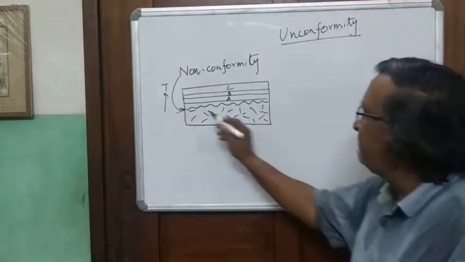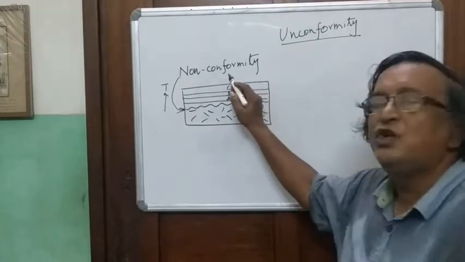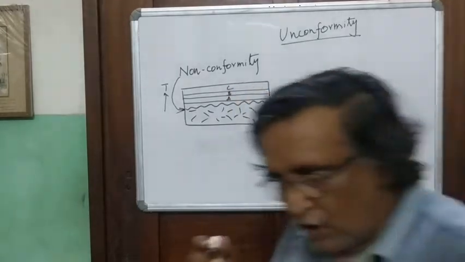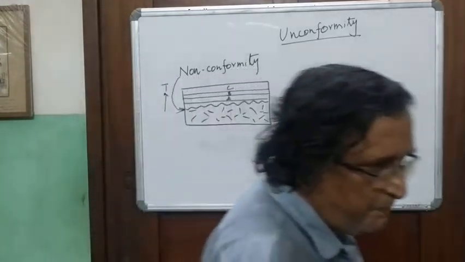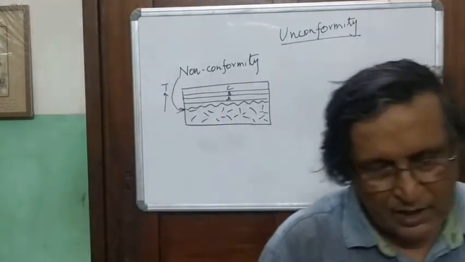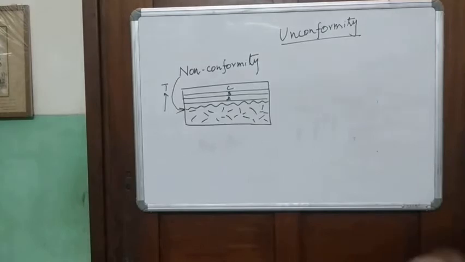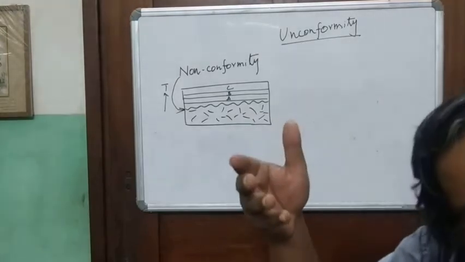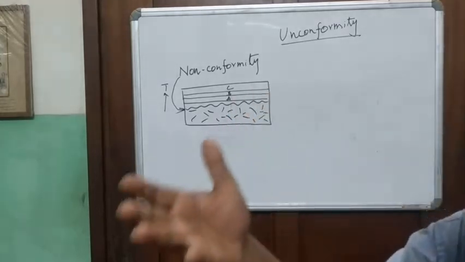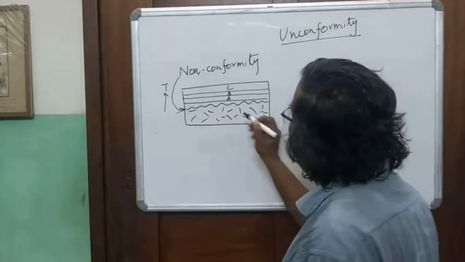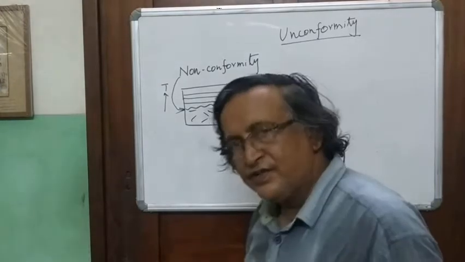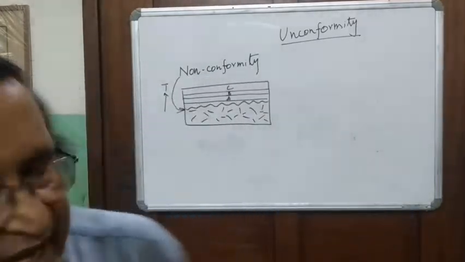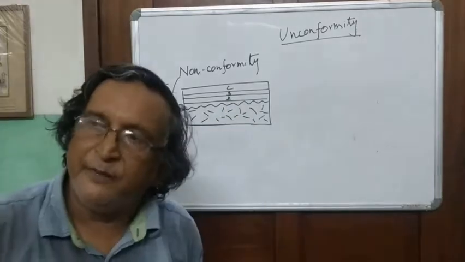So this is always a plane of erosion for non-conformity. Non-conformity is when the underlying rock below the erosion plane is a non-sedimentary rock, igneous or metamorphic, and the overlying layers are sedimentary in nature. You can imagine A is old, B is younger, C is the youngest. That's what a non-conformity is.